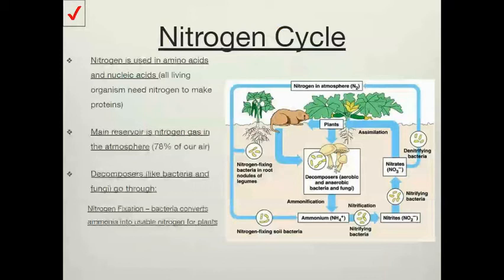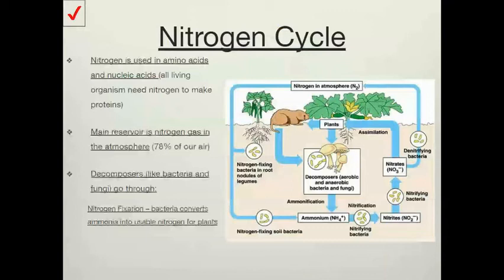What that does is that converts unusable forms of nitrogen into usable forms for plants and animals. So, that is important because if not for these bacteria and fungi, plants wouldn't be able to get their nitrogen. And this nitrogen flows through the food web, traveling from organism to organism.